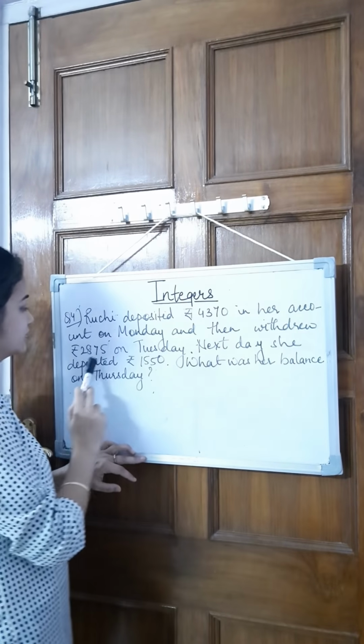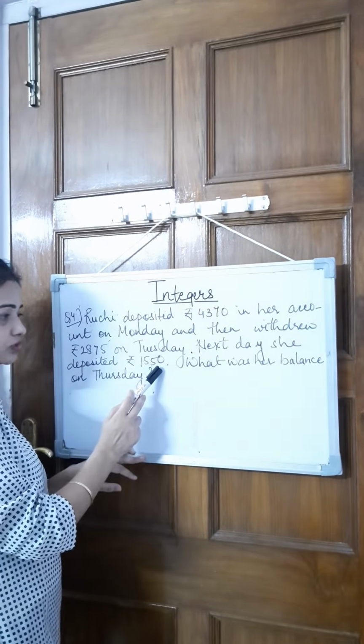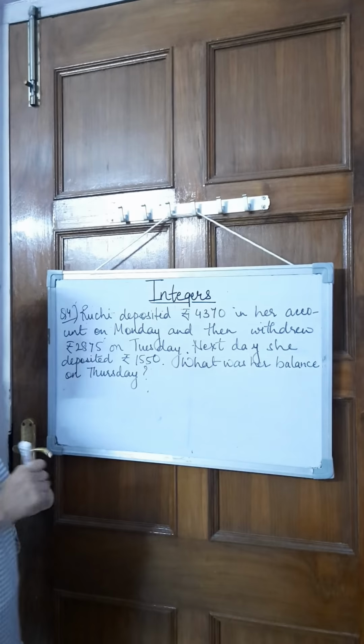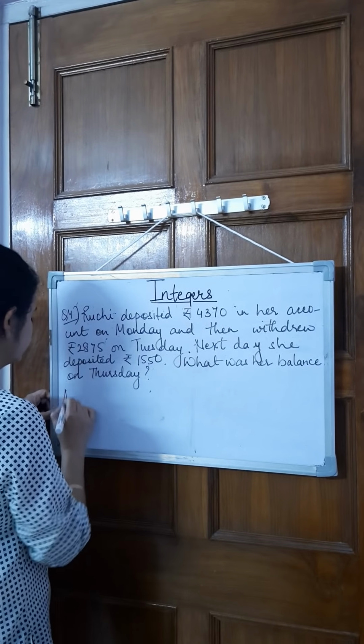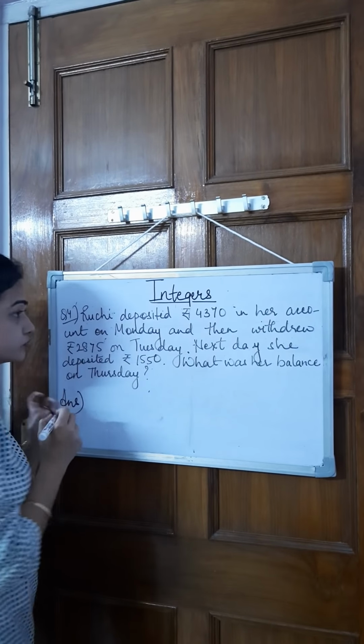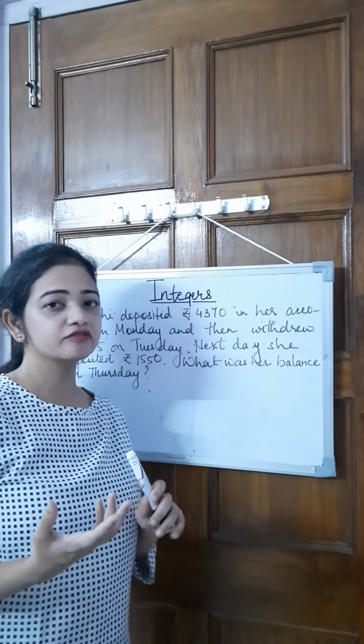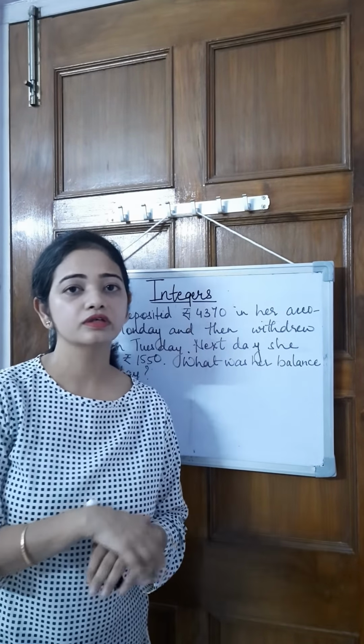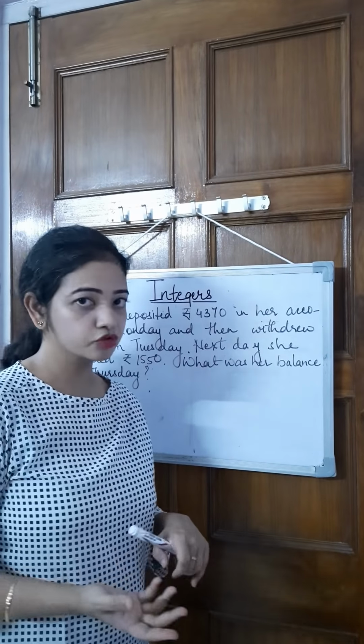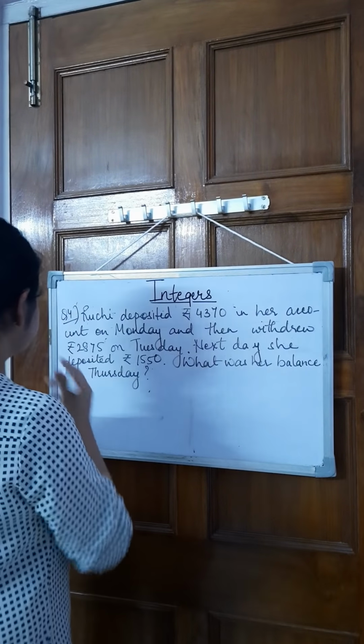The next day she again deposited this much. Now you have to tell her balance on Thursday. In this case, we are going to write the numbers and put a positive or a negative sign according to the use, meaning whether I am withdrawing or depositing.